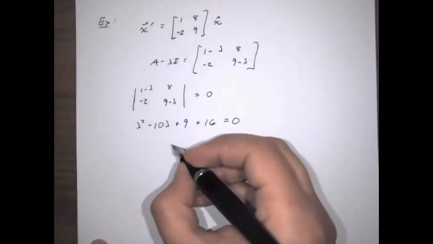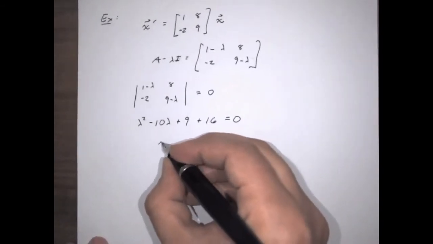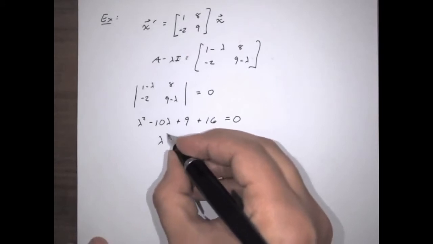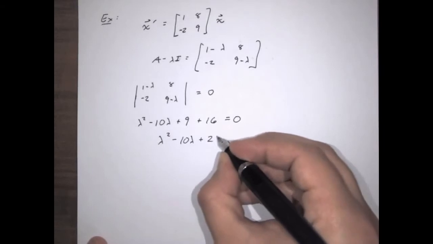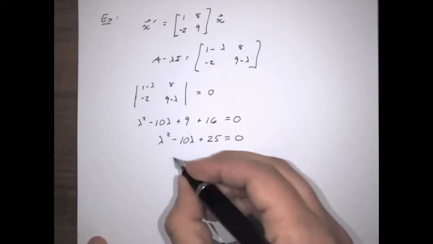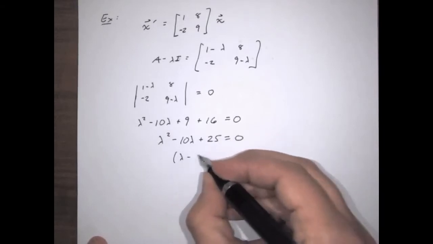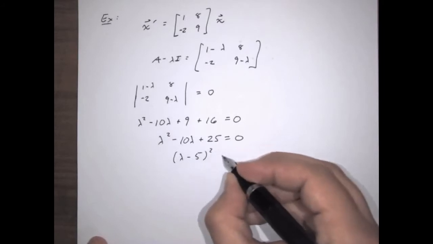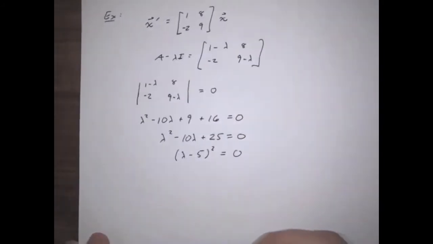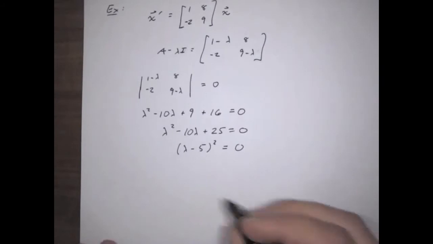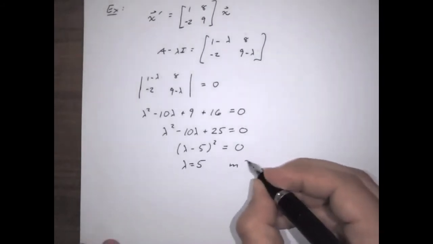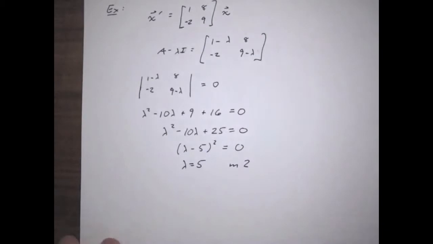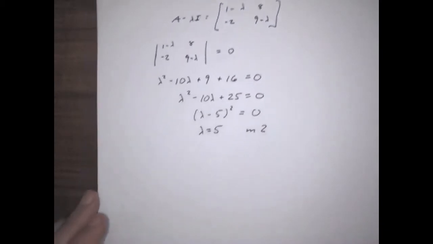This is the characteristic equation, and that leads to lambda squared minus 10 lambda plus 25 equals 0, which, sure enough, is a repeated factor of lambda minus 5. So lambda equals 5 with multiplicity 2 is what we have by way of eigenvalues.